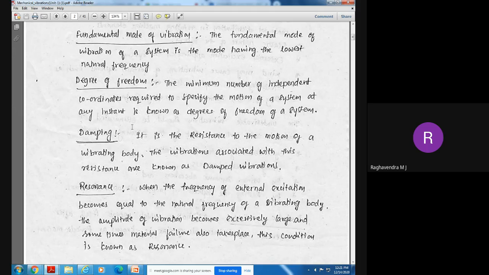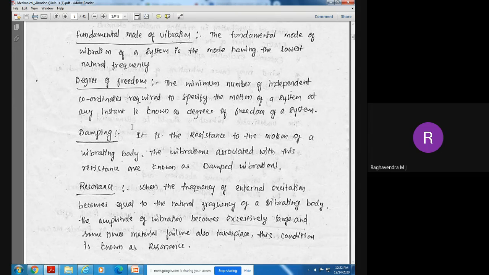For example, oil dampers are used in the shock absorbers of a vehicle or a two-wheeler. Okay, there is the best example. It acts as a damper, so it will prevent the motion of a vibrating body. Usually due to a rough surface, there will be a vibration. So to avoid that, they are using oil dampers.